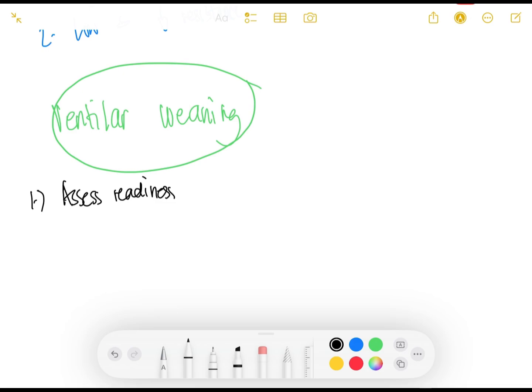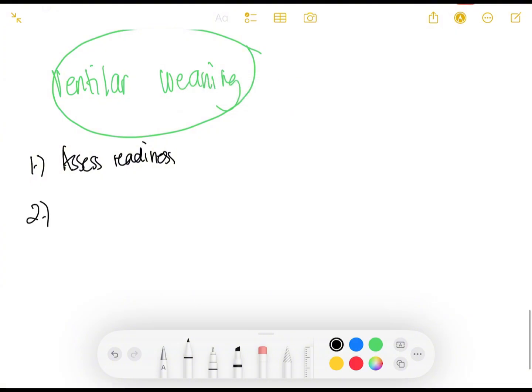So, every time ba na nagde-decrease tayo ng support or when we do our trials, okay, kaya ba nilang i-sustain? Hindi ba nagkakaroon ng drop sa kanilang, for example, SpO2 or ang kanilang oxygen saturation? Hindi ba biglang bumababa? Okay, hindi ba sila nagkakaroon ng signs of difficulty of breathing? Hindi ba sila nagtatakipnea? Can they sustain spontaneous or independent breathing? Yun po si assessing of readiness.